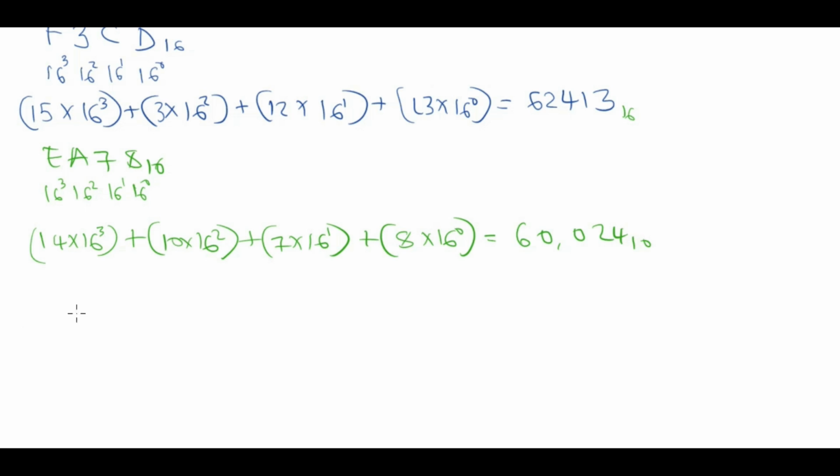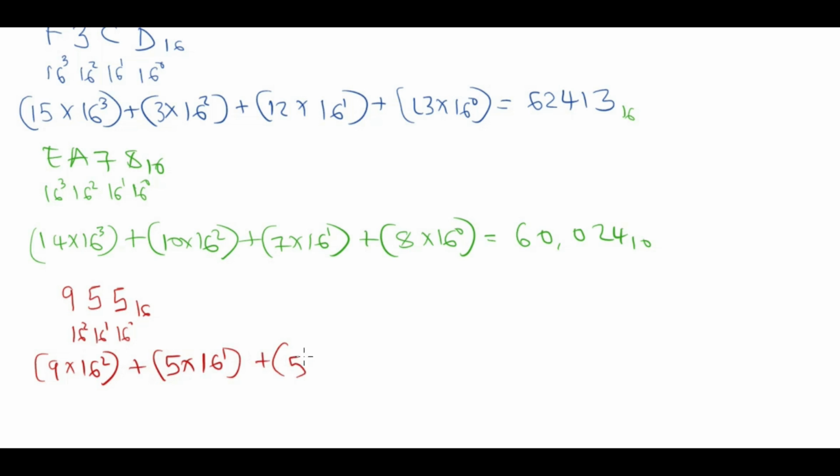Okay, so let's go to the other one. So we see it is 955. This is base 16. We want to change into decimal. 16 power 0, 16 power 1, 16 power 2. So it is 9 times 16 power 2 plus 5 times 16 power 1 plus 5 times 16 power 0.